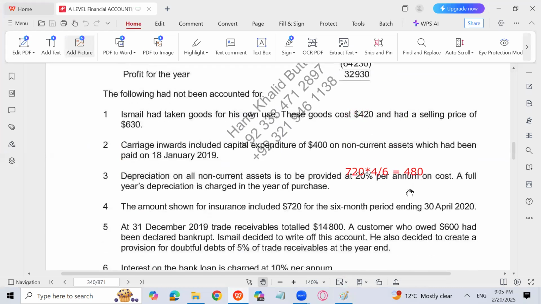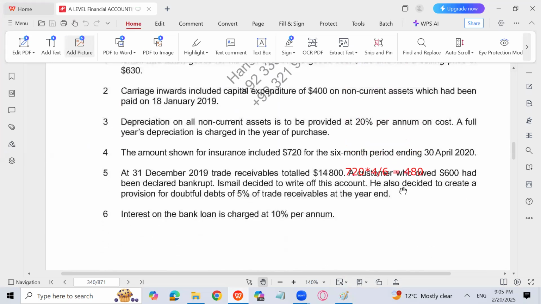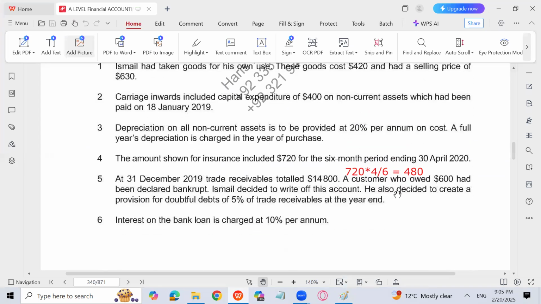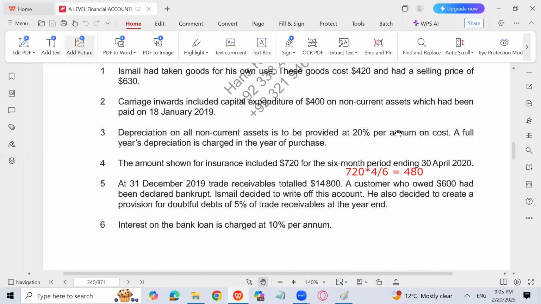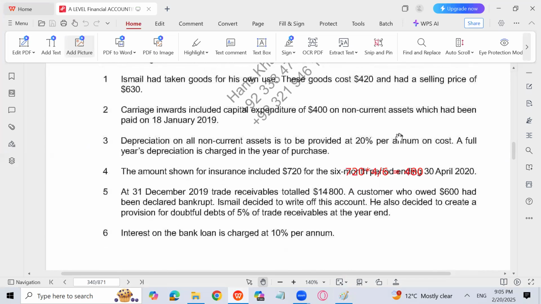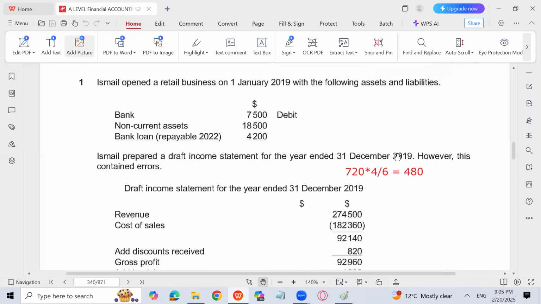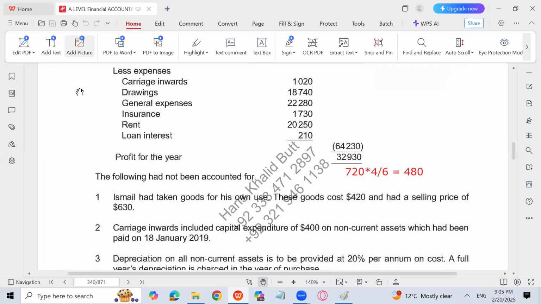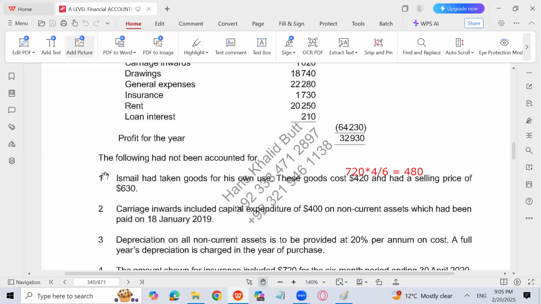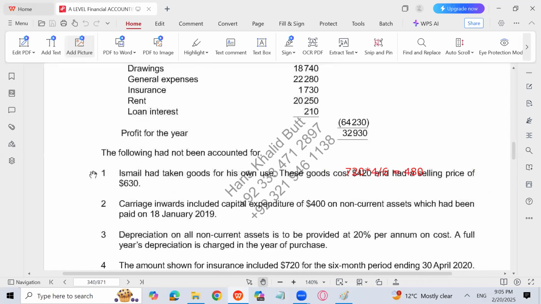Let's see any other expense. Carriage inward, we have already done with that. Insurance, we have done with that. Now comes the depreciation. Depreciation on non-current asset is to be provided, point number 3, 20% per annum on cost. The non-current assets are given on 1st January as 18,500, and you have to add this 400 to the cost of non-current asset, because it was included in carriage inward, which is a part of non-current asset.